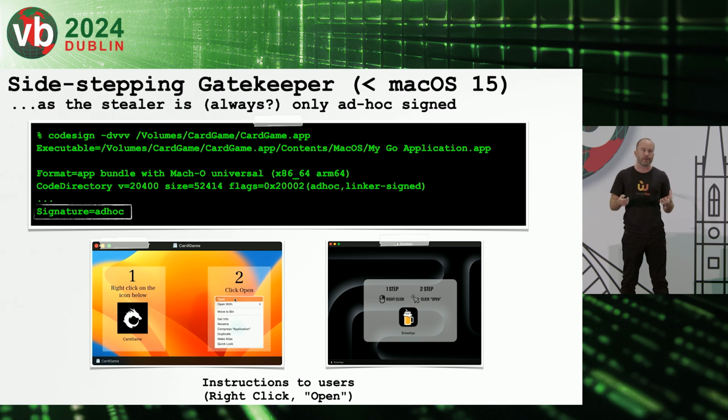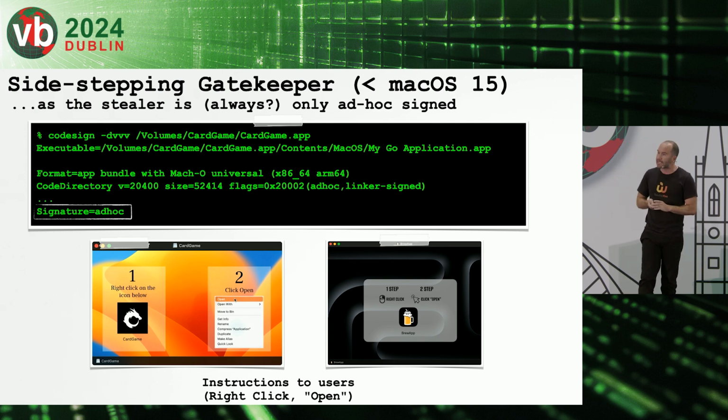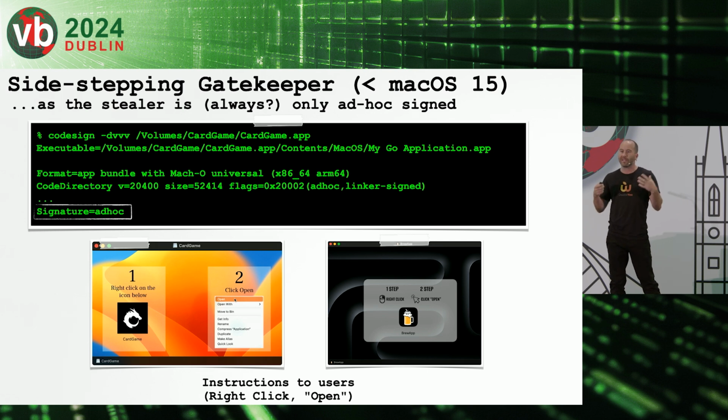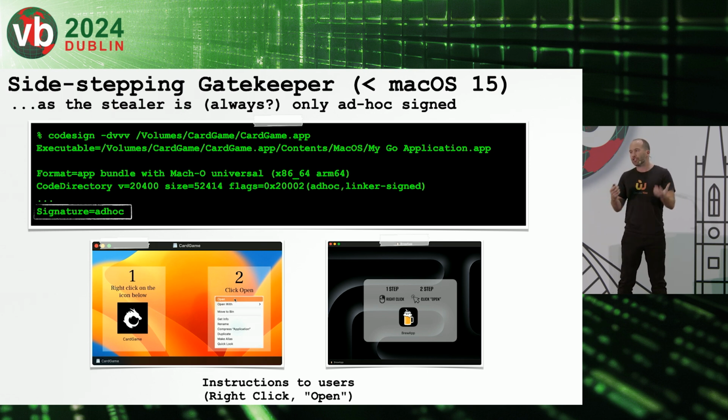So you might be wondering, rightfully so, if the user has to be so involved, don't things like Gatekeeper, which is built into macOS specifically to prevent users from essentially infecting themselves, come into play? And the answer is yes, but what the attackers generally do is provide instructions to the potential victims about how to sidestep or bypass this. Now, this isn't a Gatekeeper exploit. This isn't even a Gatekeeper bypass. It's just sidestepping.